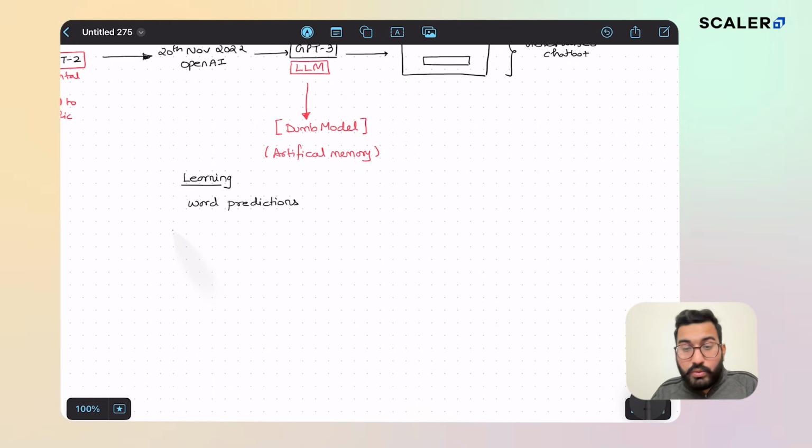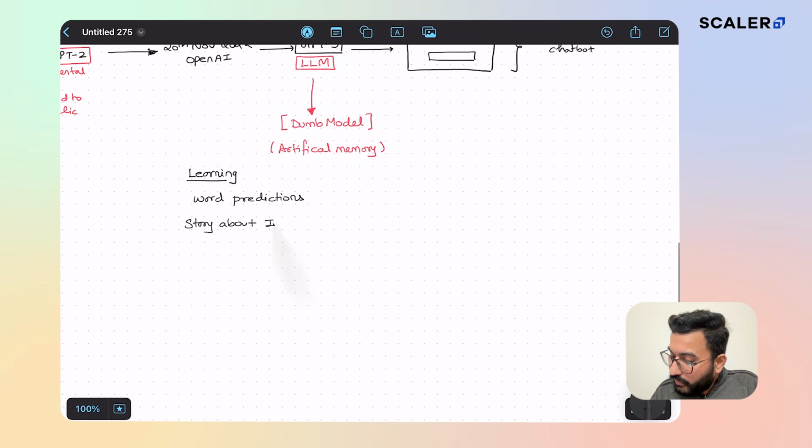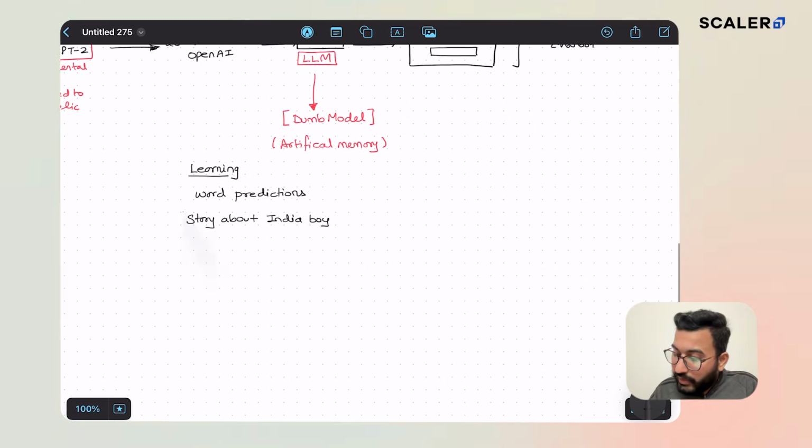Let's say I tell you to write a story about an Indian boy. Let's say this is the input or the question that I give to you. Now, how will ChatGPT generate text for this? ChatGPT will first of all understand this entire context.